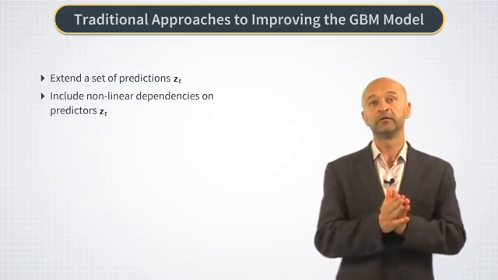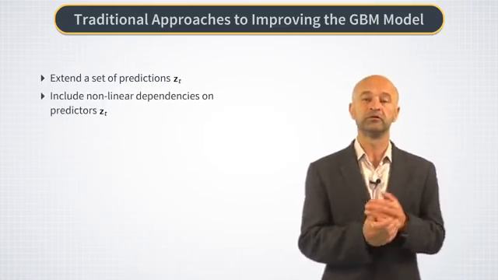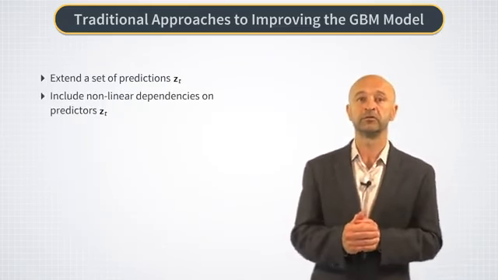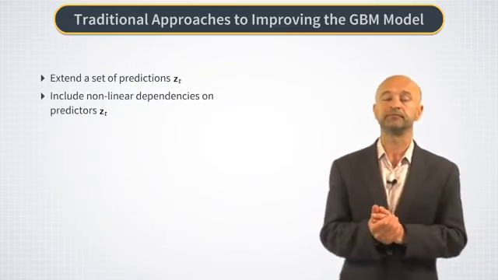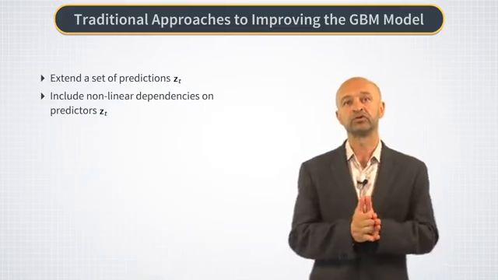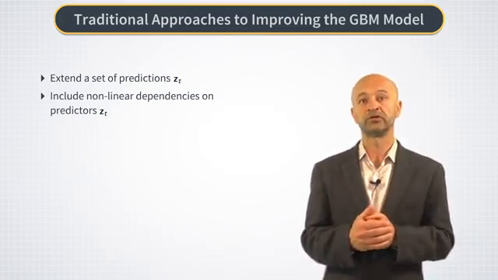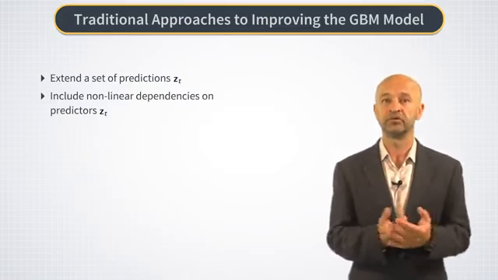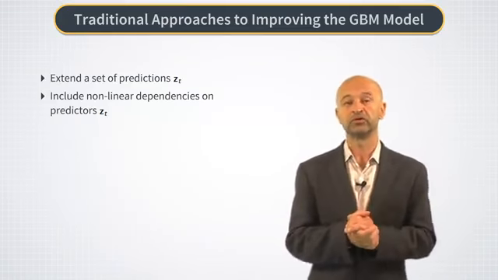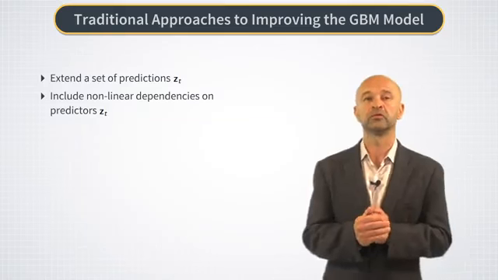Another and related approach would be to consider nonlinear dependencies on predictors z_t. And such approaches are often pursued with machine learning models such as, for example, support vector machines or neural networks that we talked a lot about in this course.